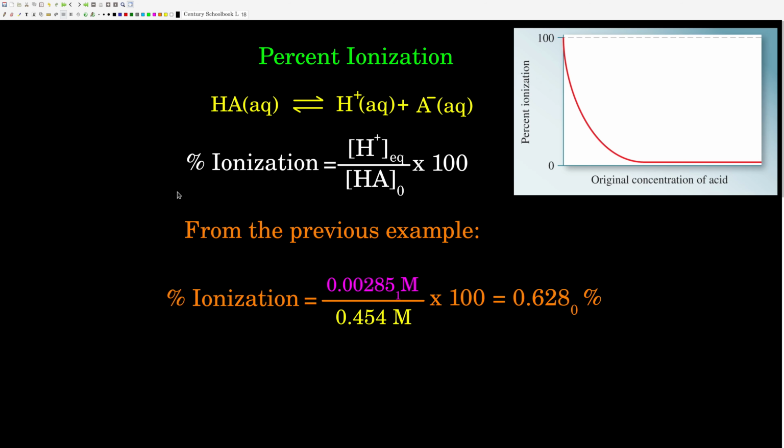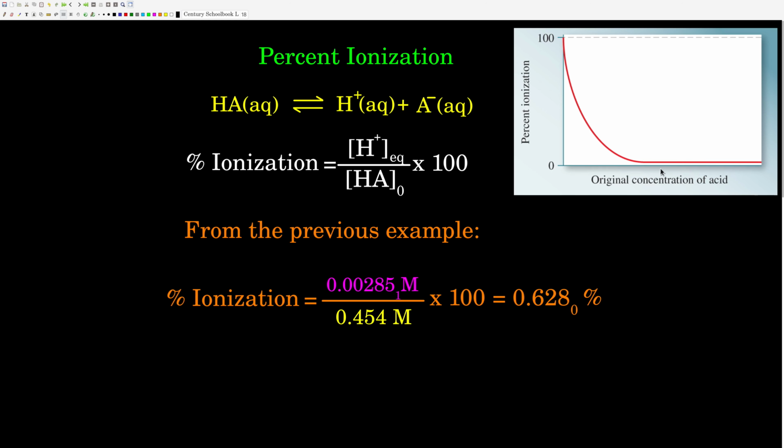Percent ionization. It's really just like the 5% rule. It's just the concentration of hydrogen ion at equilibrium divided by the initial concentration of the weak acid times 100. And the thing about percent ionization is that as we start with higher and higher concentrations of the acid, the percent ionization decreases.